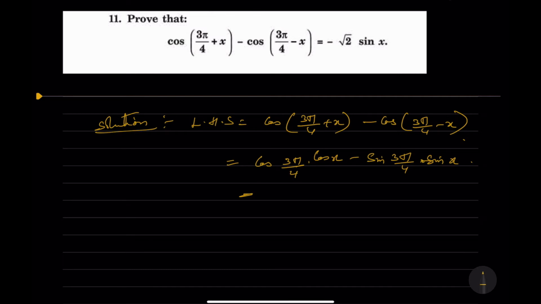So cos 3 pi by 4 into cos x minus sin 3 pi by 4 into sin x, minus. Now we are expanding the second one, that is cos of 3 pi by 4 minus x. So therefore this is equal to cos 3 pi by 4 into cos x plus sin 3 pi by 4 into sin x.